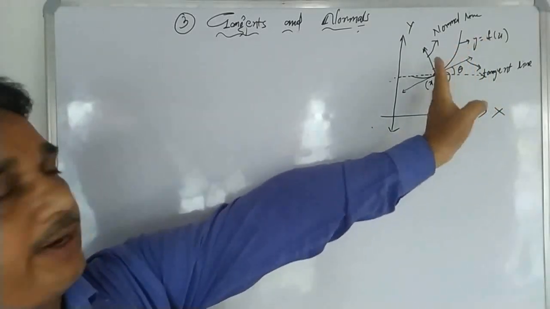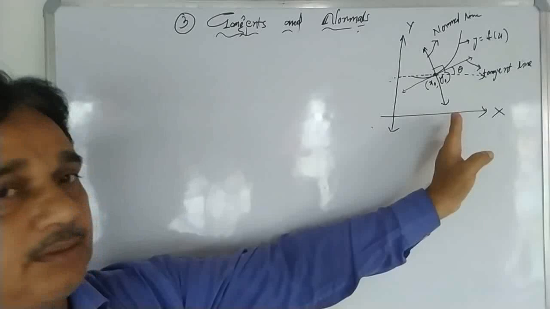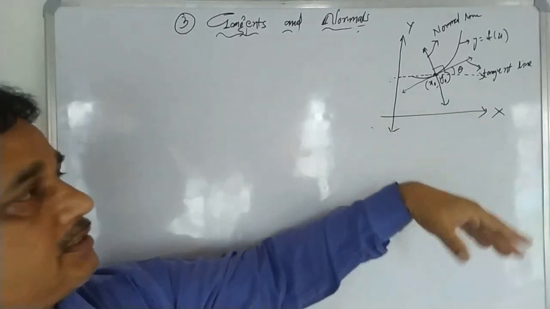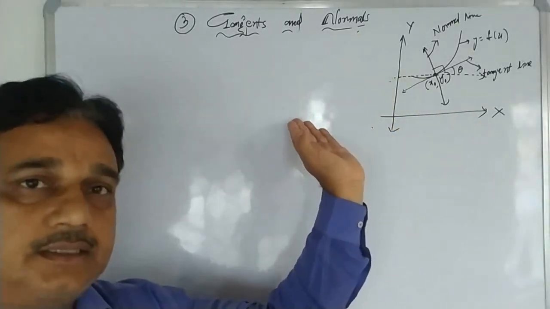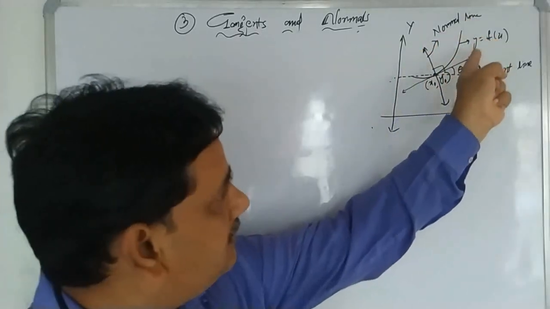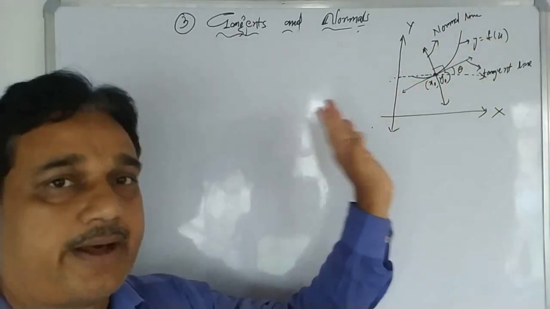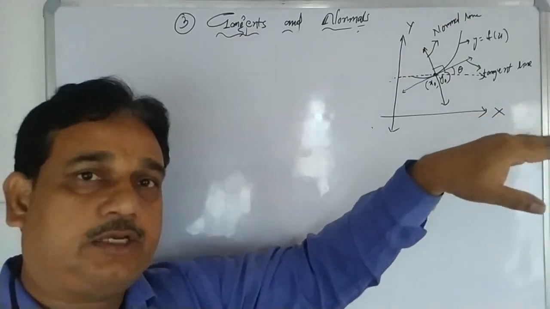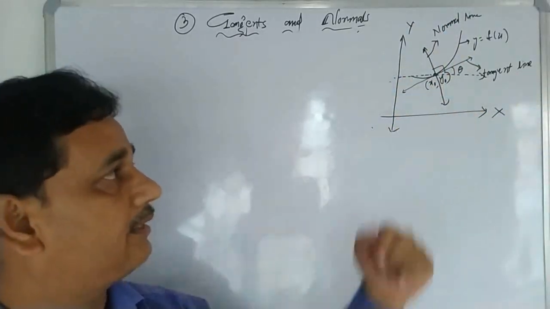Then find the point at which some condition is given, parallel to x-axis or parallel to y-axis. Somewhere it will be given that this tangent is parallel to another line, and the equation of that other line will be given.